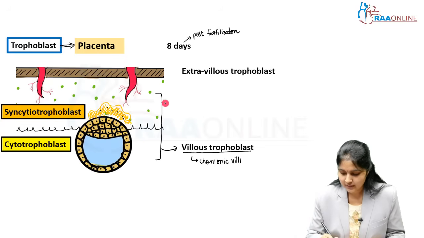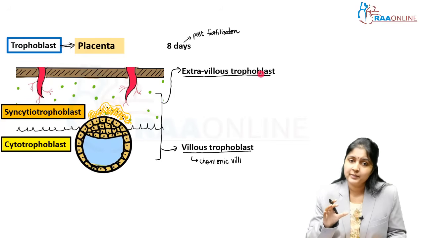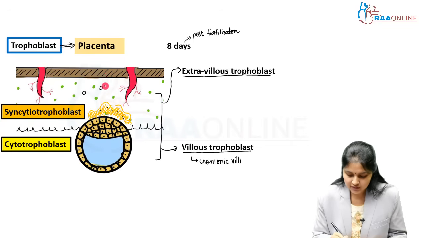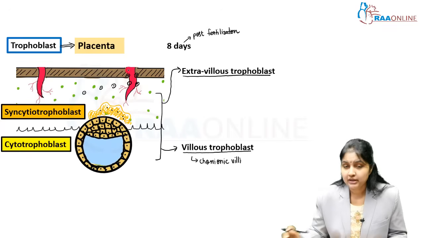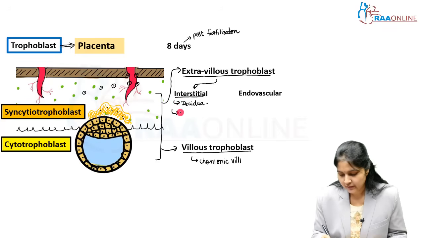The second type is the extravillous trophoblast. As the name implies, these are the trophoblasts that help in structures other than the chorionic villi formation. These are trophoblasts that invade the decidua and the myometrial spiral arteries, the maternal blood vessels. So there are two types: interstitial, which burrows into the decidua, and these give rise to placental giant cells.